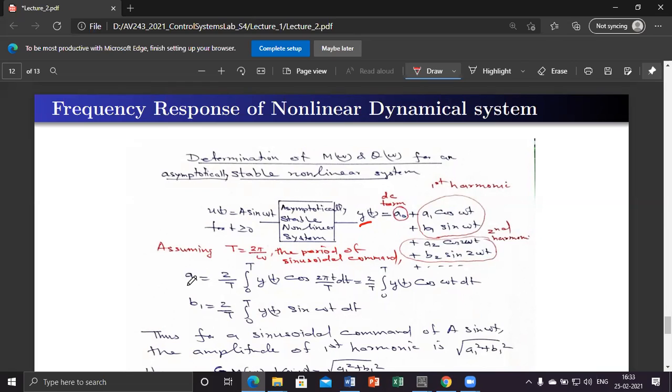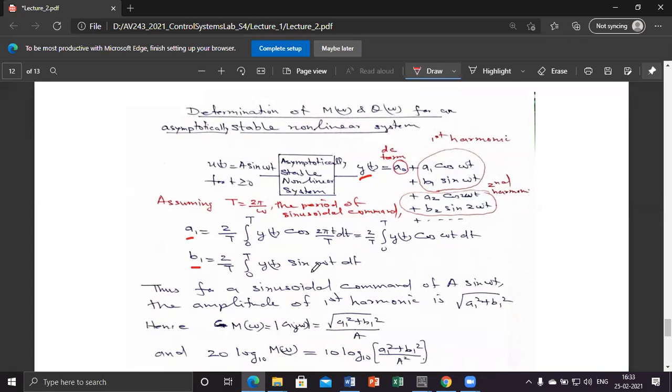The formulas for A1 and B1 are given as per the normal Fourier series expansion rule. If you correlate y of t with the fundamental cosine component, you will get A1. With the fundamental sinusoidal component, you will get the B1 term.